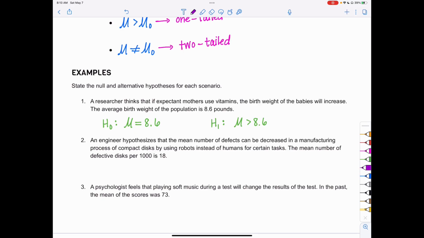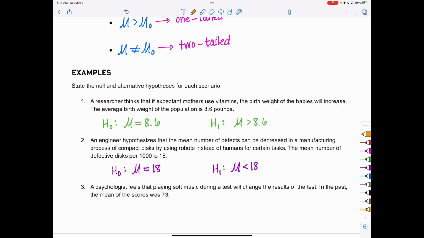So I'm going to say that my null hypothesis is that my mean or my average is going to be equal to 18, that they're the same. On the contrary, my alternative hypothesis, it says that the mean number of defects can be decreased or be less than. Okay, so I would say my alternative is that mu is going to be less than 18 here.